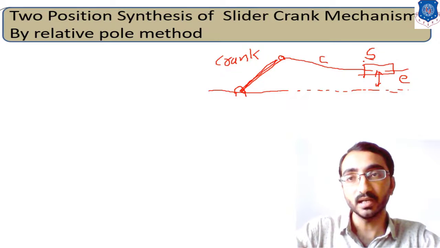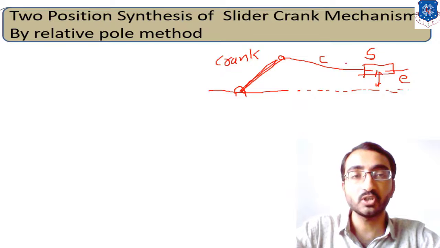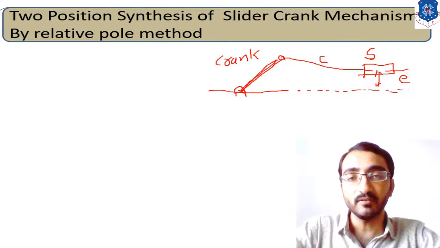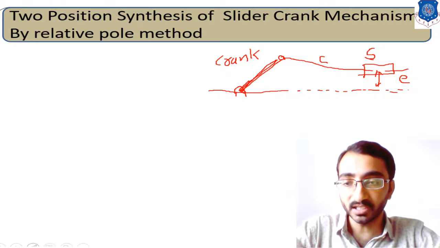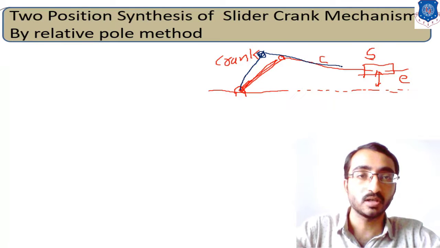Now what will be the two different positions? Let's consider this one as position number 1. With respect to position number 1, if the crank moves to another position, that is position number 2, let's sketch it like this, and with respect to position number 2 the slider reaches somewhere over here.